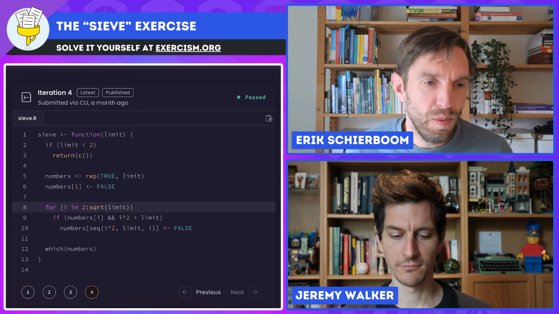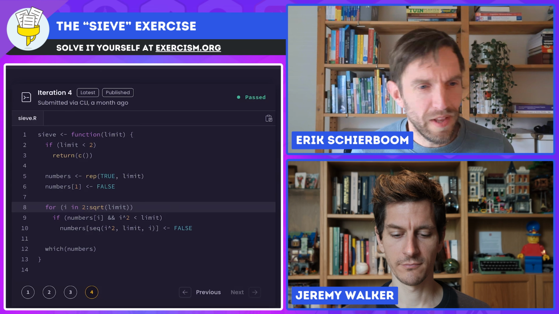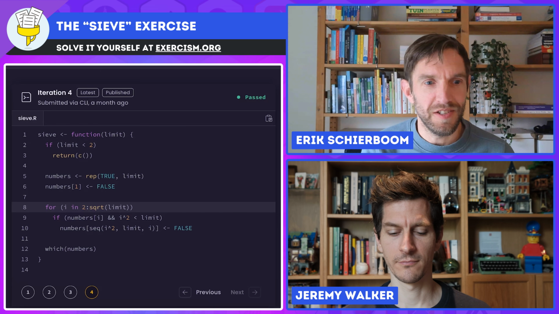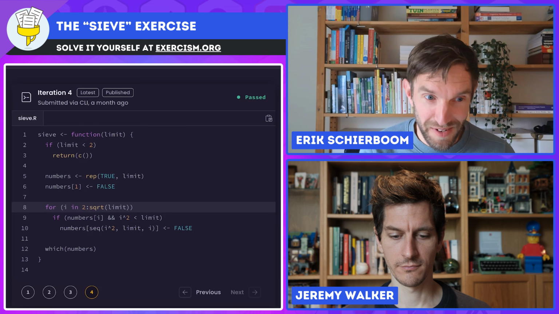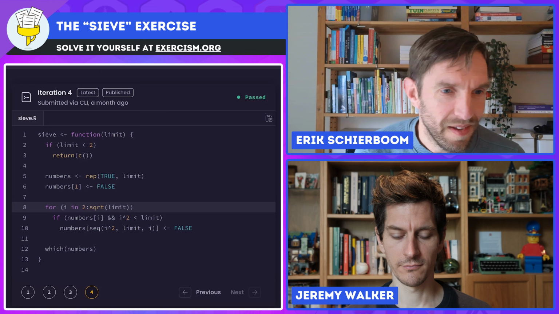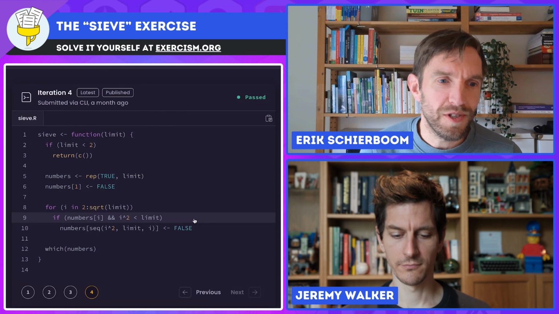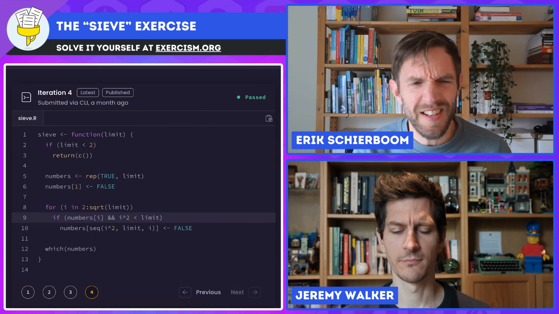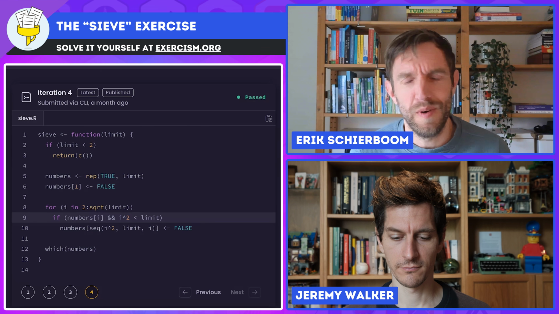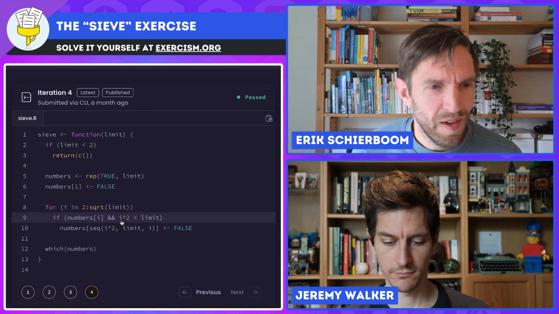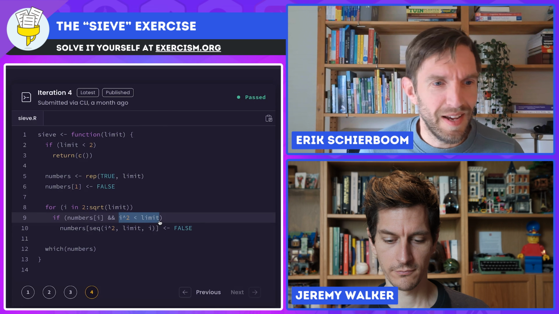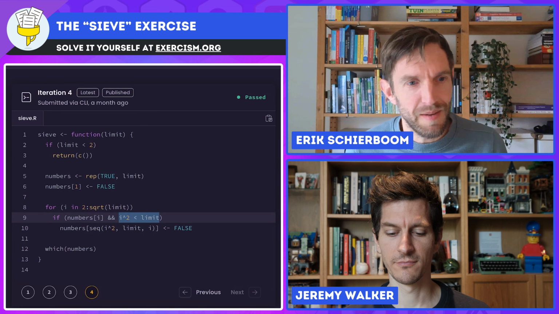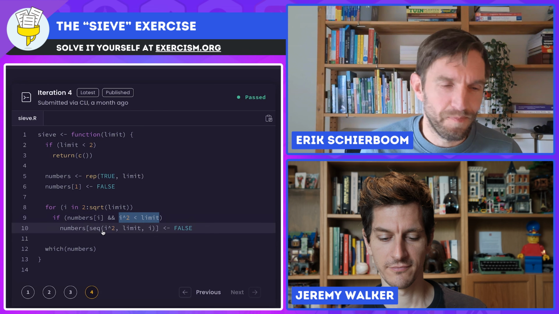And then within the loop, there's a little extra check. It checks if i is crossed off, and if it isn't crossed off, then it's a prime. But it also has a check on whether i squared is less than the limit. That's a little thing we need to do, because without it, this will break, since the sequence is not right.